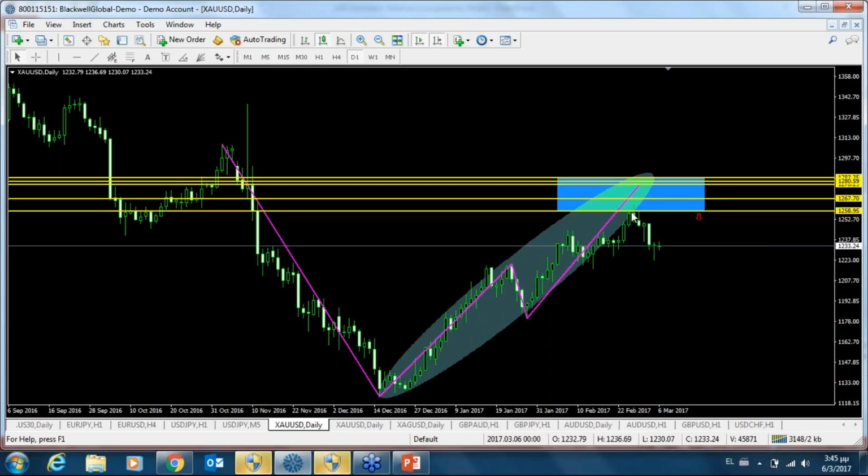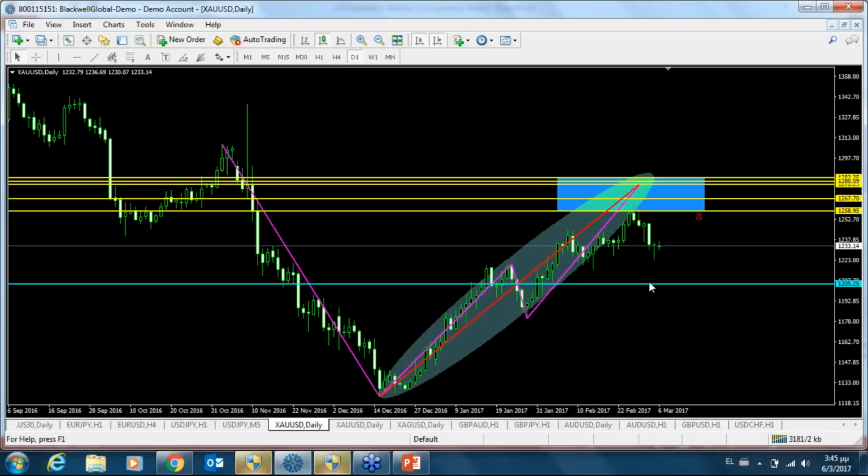That has gone upwards, and the way we have entered would be converting that ABCD pattern into a geometric pattern by just attaching your A to the D area that was projected. So that center point area was very close to where we would have entered a buy much earlier at 12.05.